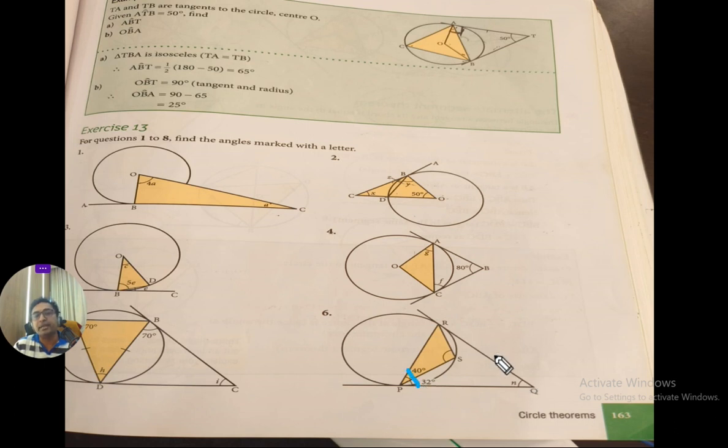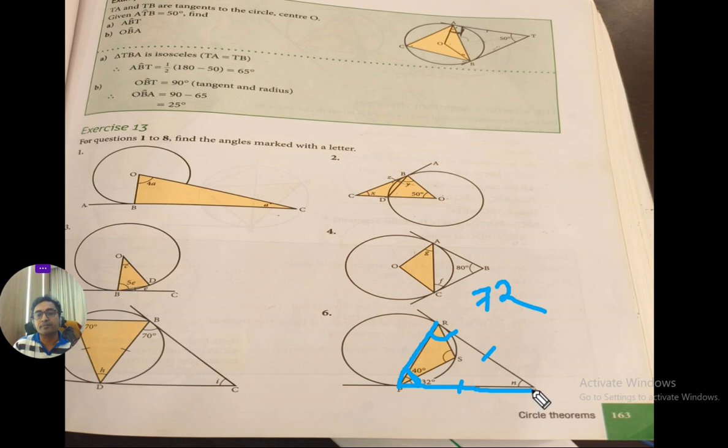This part is 72 degree. Now, this is an isosceles triangle because QR is equal to PR. So, the entire angle is again 72 degree. This is 72. This is also 72 because isosceles triangle. Which triangle? PQR.